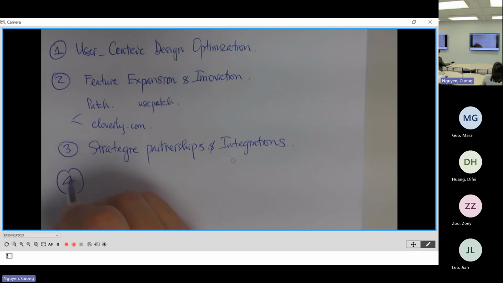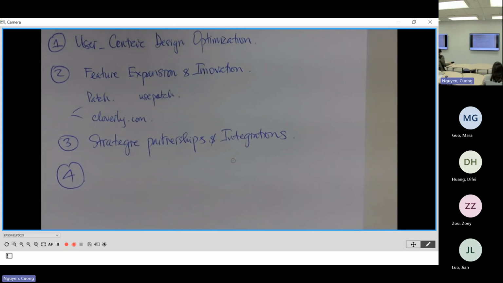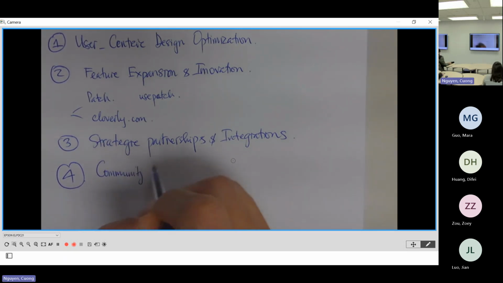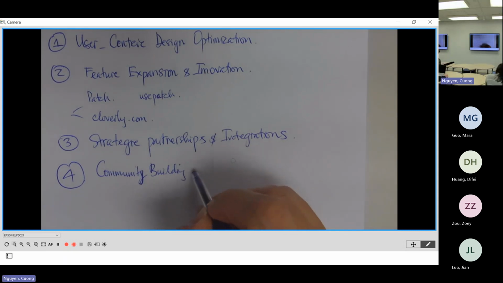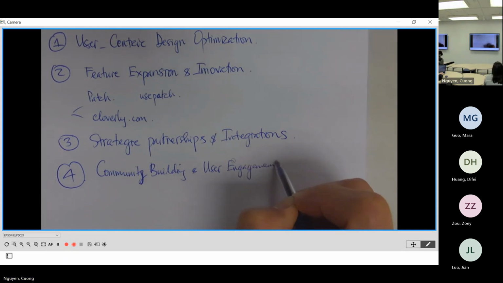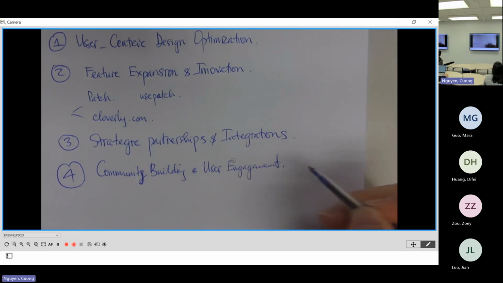And number 4 you want to think about is community building and user engagement.